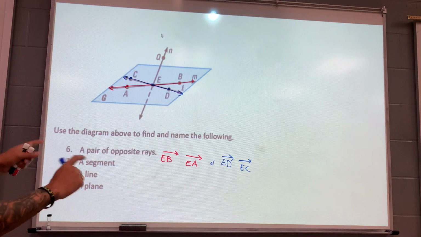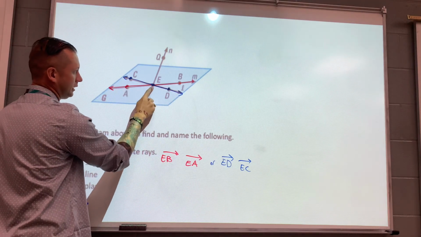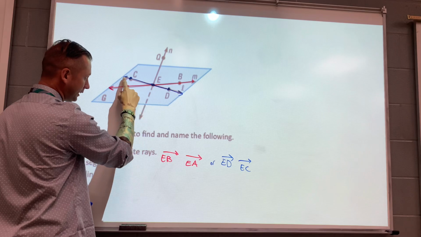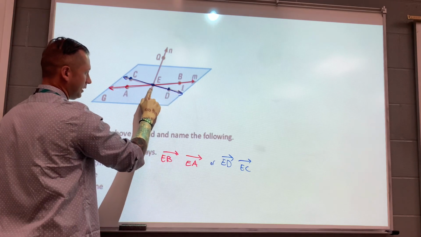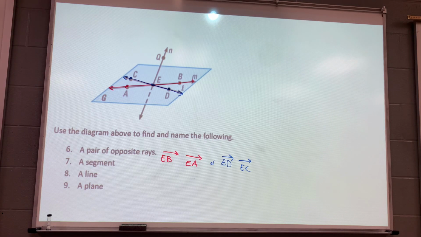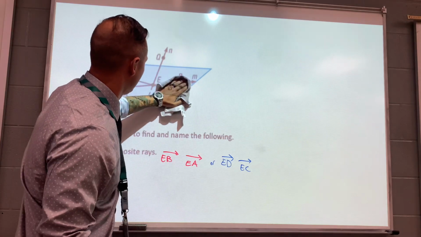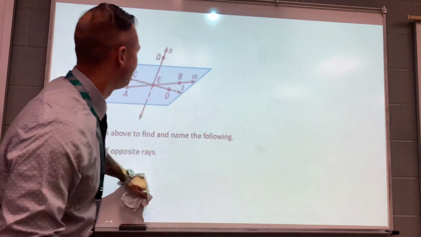So opposite rays have the endpoint and they go in opposite directions. ED, EC, EB, EA. Those are the only two.